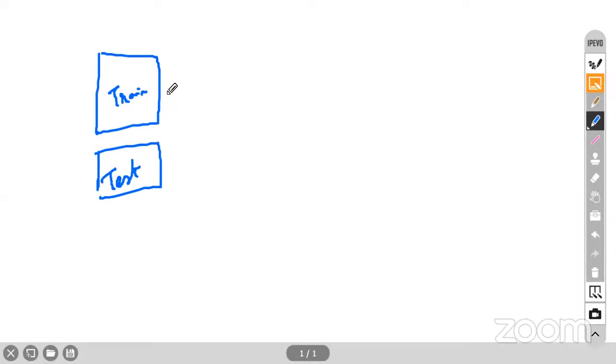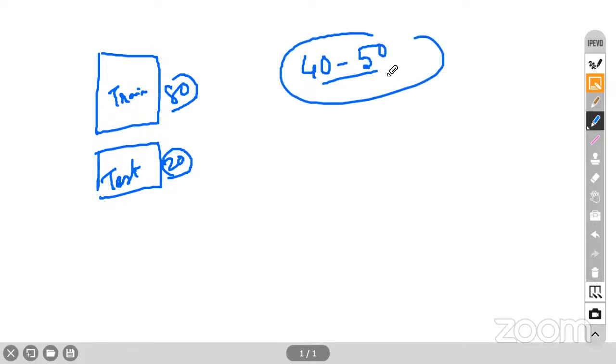Now we can consider the training data set is 80 and the testing data set is 20. If you have machine learning models with many parameters, maybe 40 or 50 parameters, many weights, many W's, W1 to W50 or something.